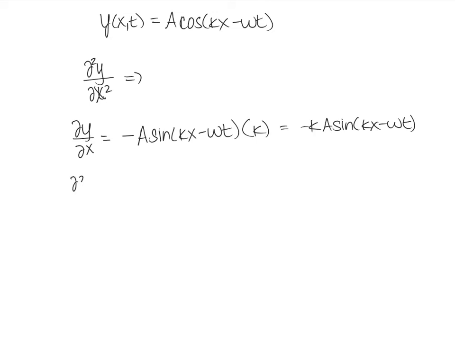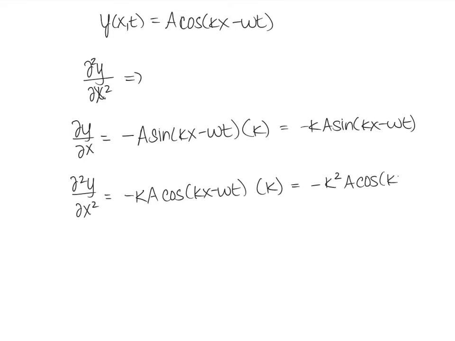Now I take the derivative again. That gives us the cosine of kx minus omega t, and then using the chain rule it's going to give me another k, so that's minus k squared a cosine of kx minus omega t.